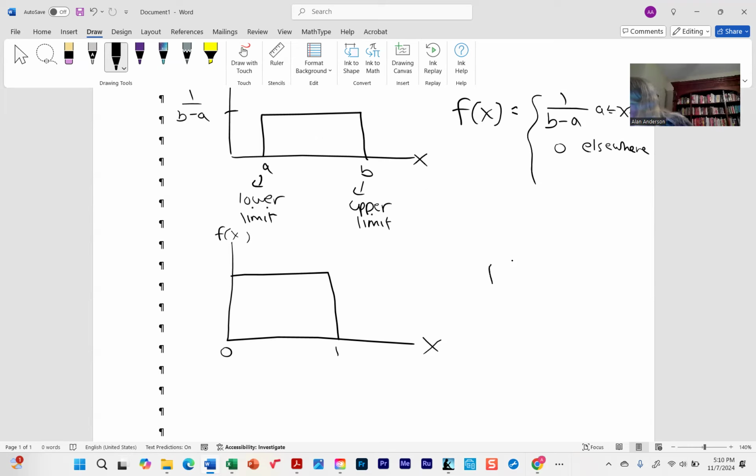So in other words, 1 over B minus A in this case is just 1, actually. 1 over 1 minus 0. As long as x is between 0 and 1 and 0 elsewhere.